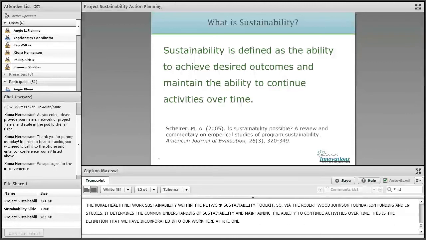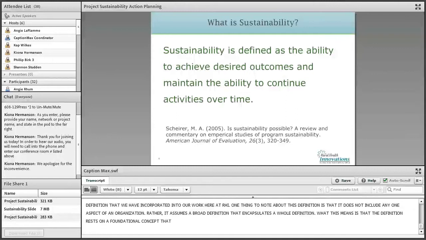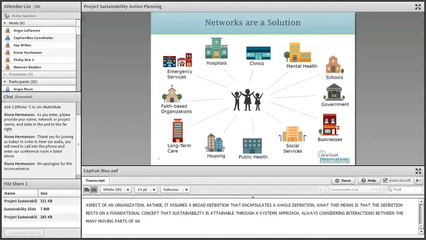One thing to note about this definition is that it does not include any one aspect of an organization. Rather, it assumes a broad definition that encapsulates the whole organization. What this means is that the definition rests on a foundational concept that sustainability is attainable through a systems approach, always considering interactions between the many moving parts of an organization.